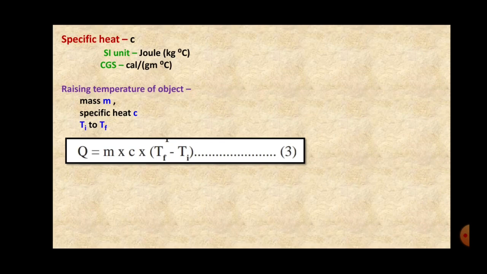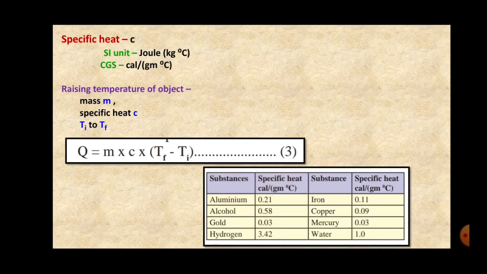Okay, Q is the heat required, m is the mass, C is the specific heat, and Ti and Tf are the two temperatures, that is, i is the initial temperature and f is the final temperature. Now as I told you, different substances have different specific heat. You can see different metals like aluminium, or liquids like alcohol, gold, they have different specific heat.